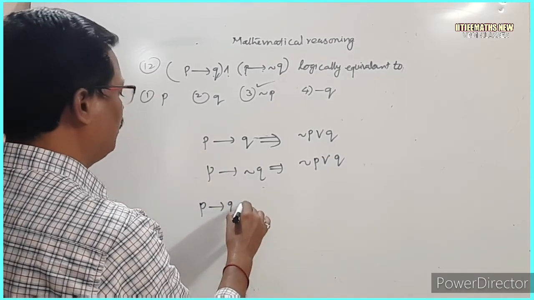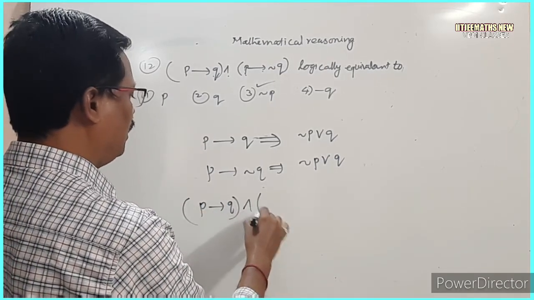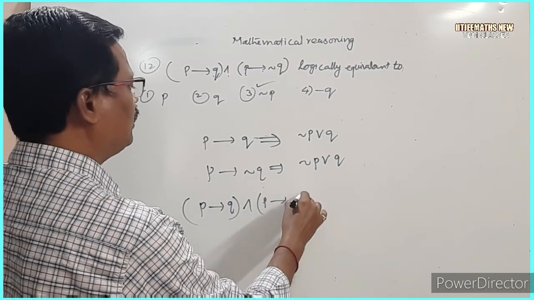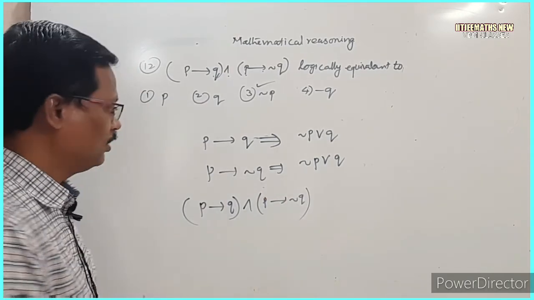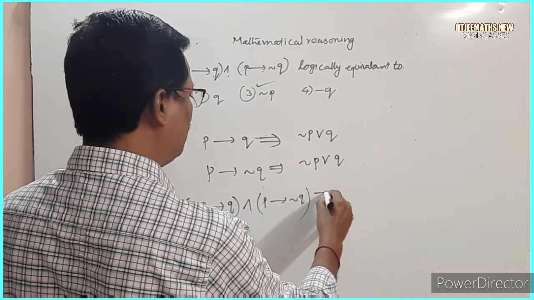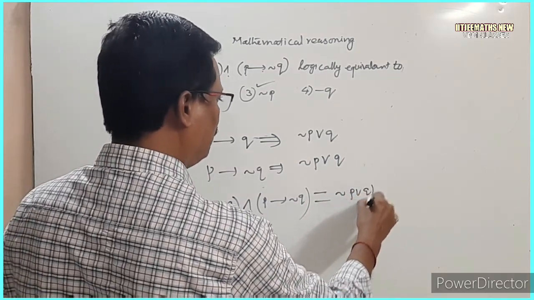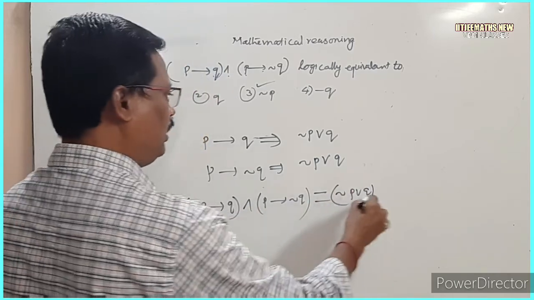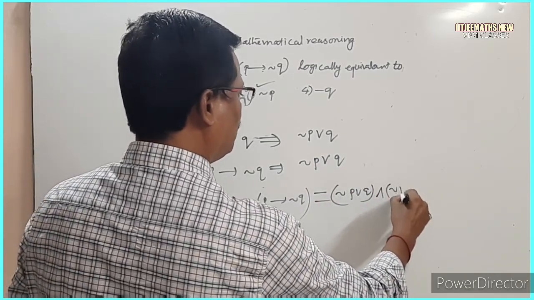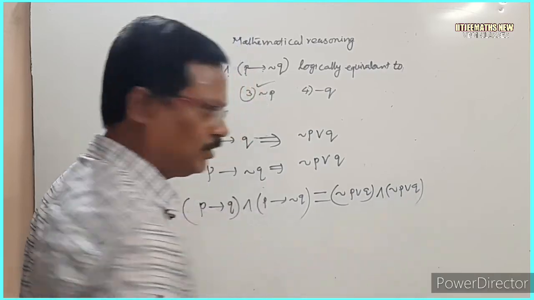If P then Q, and if P then negation of Q. Now, therefore, this is equal to what? This will be negation of P or Q, right, and negation of P or negation of Q.